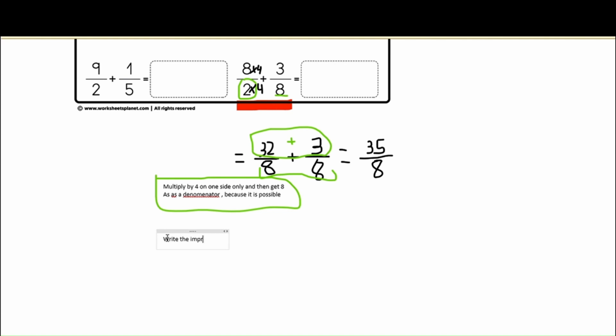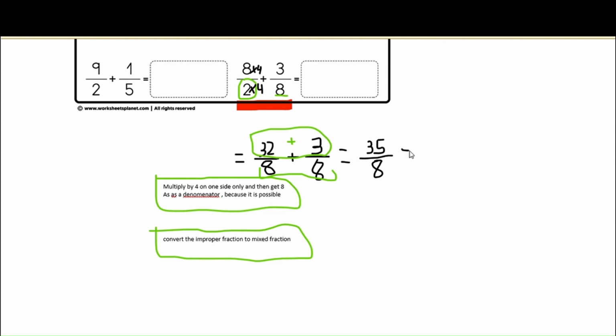Now, here comes a problem. I'll show you again how to write the number in the mixed fraction, so next time you'd probably get it right. Convert the improper fraction to a mixed fraction.